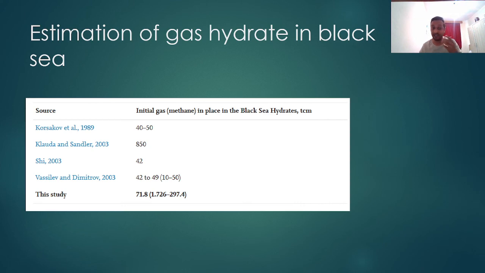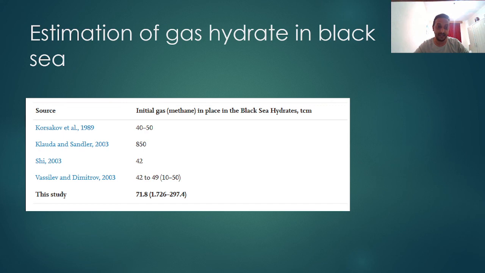Here, as I said, there are many studies belonging to gas hydrates in the Black Sea. There is a study done in 1989 by Kurosakov. He's from, I think, Russia. He calculated that the original gas in place in the Black Sea hydrates was between 40 to 50.